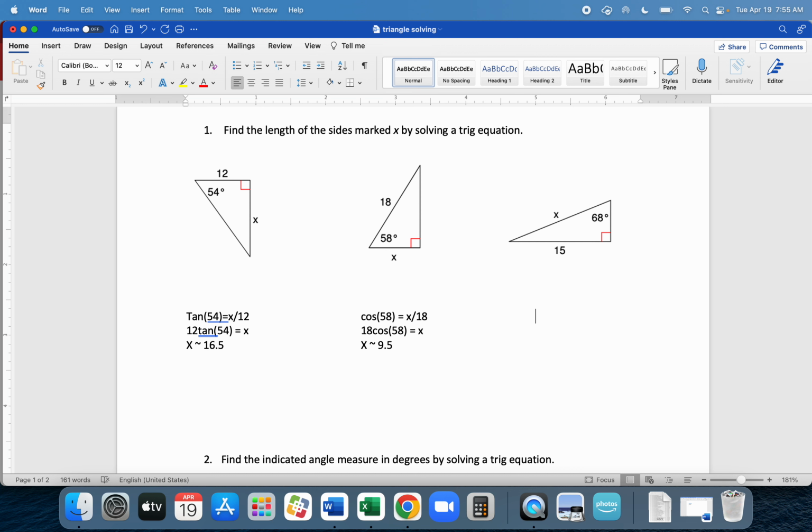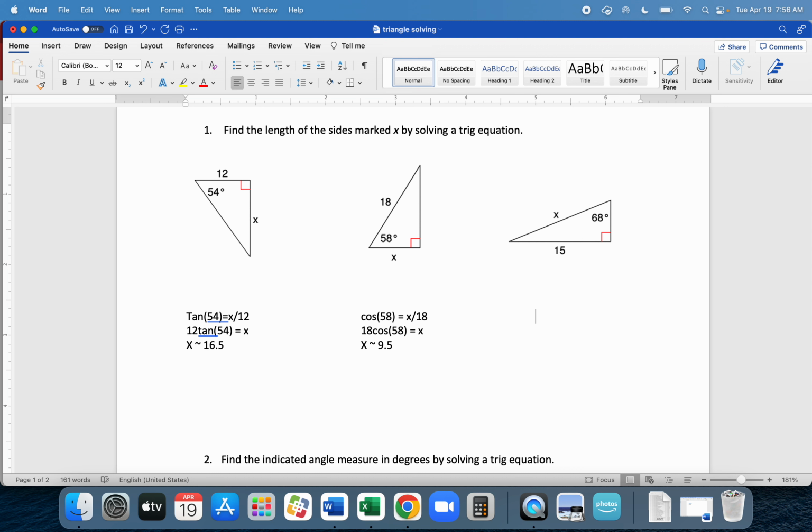We've got sine of 68 degrees is 15 over x. So I can still multiply both sides by the denominator, but that doesn't get x by itself. It just gets it out of the denominator. So you can do that, and then to get x by itself, divide by sine of 68. Or if you remember the trick you might have talked about if you had a bunch of questions about solving proportions long ago, you can flip-flop the things on the diagonal because it's just skipping a step. Like x times sine of 68 equals 15.